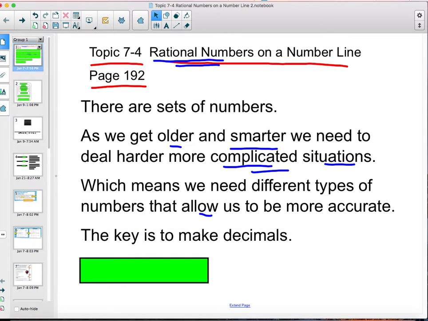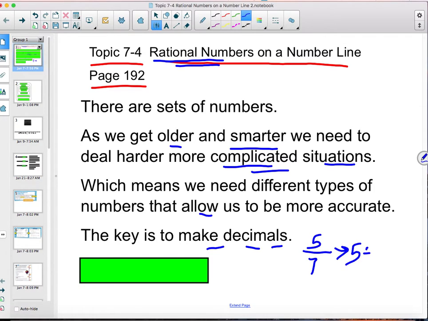The key when it comes to rational numbers is to make decimals. The key to rational numbers is knowing how to make decimals. And when you see a rational number such as 5/7, you would want to turn it into a decimal. And we know that this is nothing more than the statement 5 divided by 7, which would create a decimal.